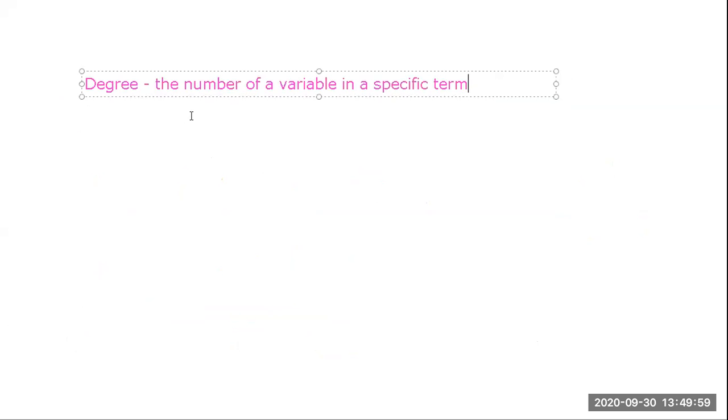So if I say 4x squared y cubed, that's one term.